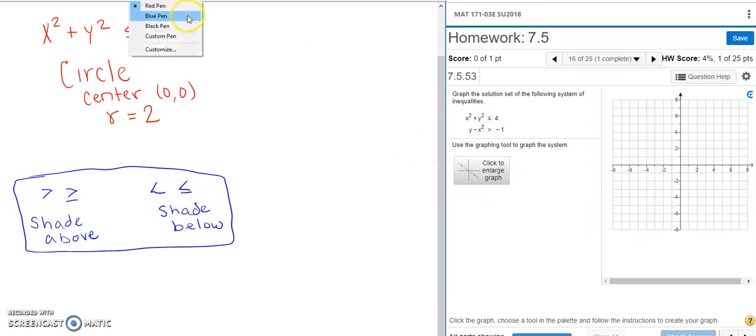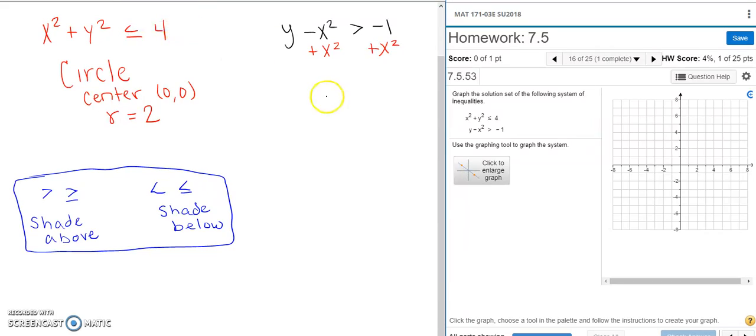This second one, if I solve for y by adding the x squared over, so I'm going to add x squared to both sides, I should see that this is a parabola. X squared minus 1. So only the x is squared.